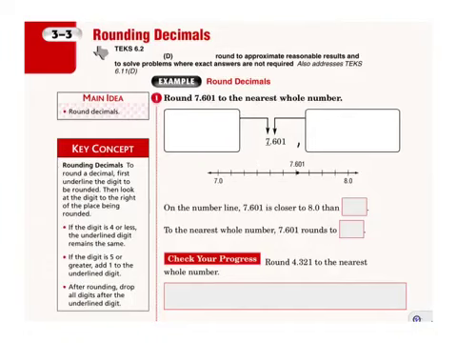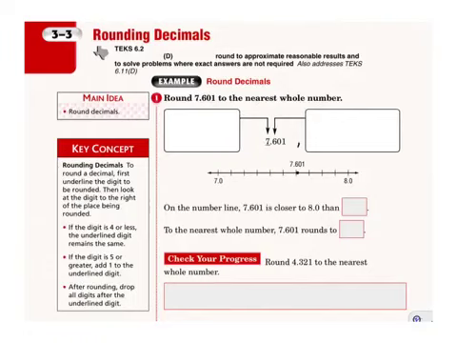So it says first underline the digit to be rounded. Then look at the right to the digit of the place being rounded. So you're going to look at the right. In this case, you're going to look at 601. But you're going to look only at number 6 because it's the number that is right next to the digit being rounded, in this case the whole number, which is 7.